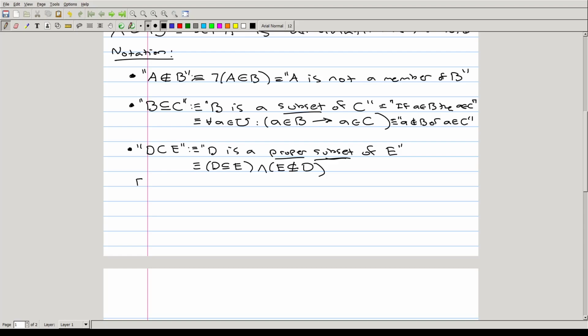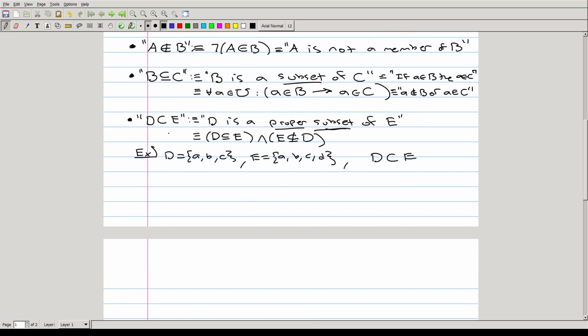So for example, if D is some set of elements A, B, C, and E is some other set of elements A, B, C, D, we would write that D is a proper subset of E because D is a subset of E, but E is not a subset of D. So in general, we use the proper subset notation if we know that a set D is a proper subset of E. But in general, if we don't know, we have to assume that it might be a subset.